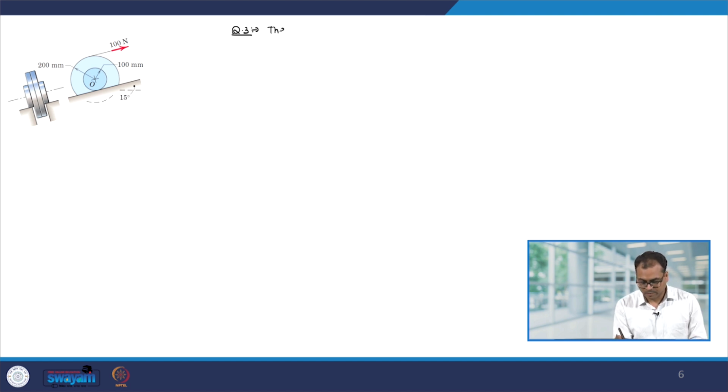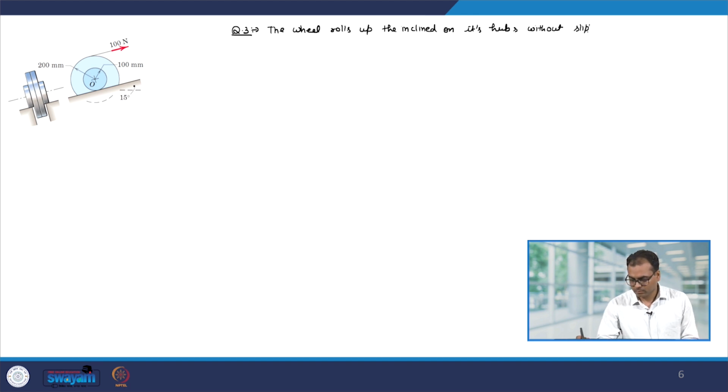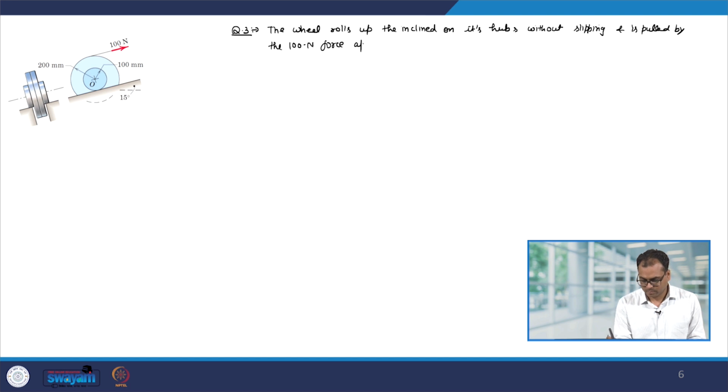Problem statement is: the wheel rolls up the inclined on its hubs without slipping and is pulled by the 100 Newton force applied to the cord wrapped around its outer rim.